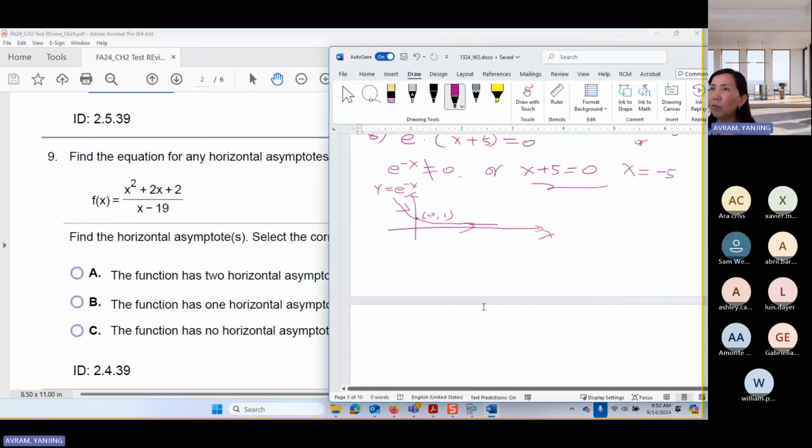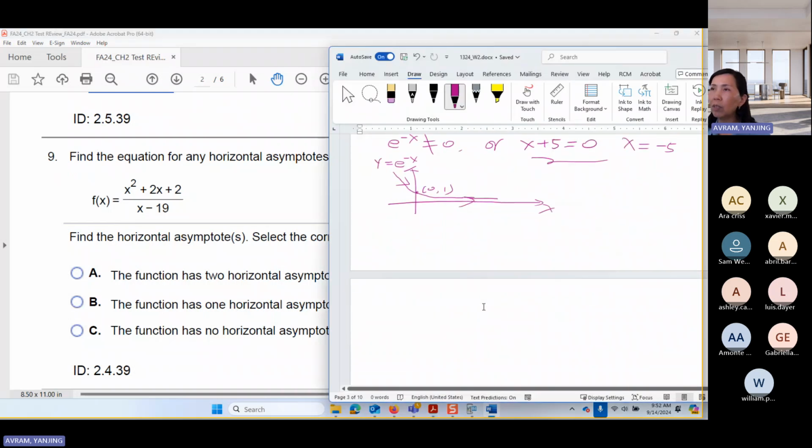The only time a function will have a horizontal asymptote is if the degrees are the same, or the numerator has a lower degree. If I have x minus 19 and I flip this one right here, so this is an update, then I will have a horizontal asymptote.